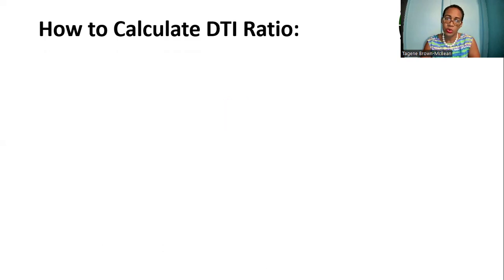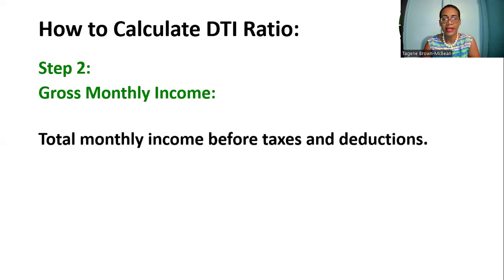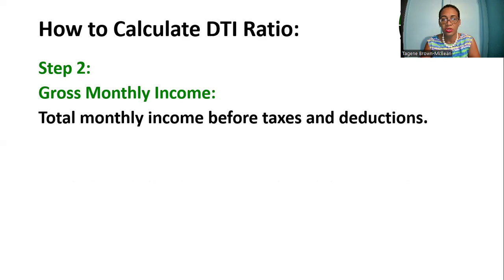So step two is your gross income. Your gross income is your income before taxes and deductions. So the total of what you're earning, your total monthly income before taxes and deductions.